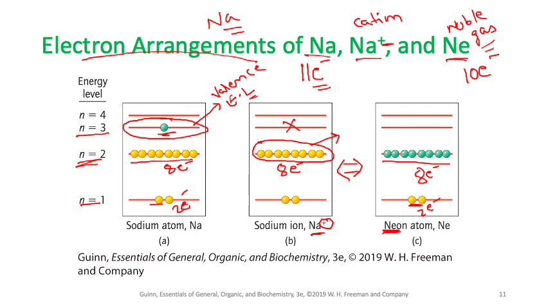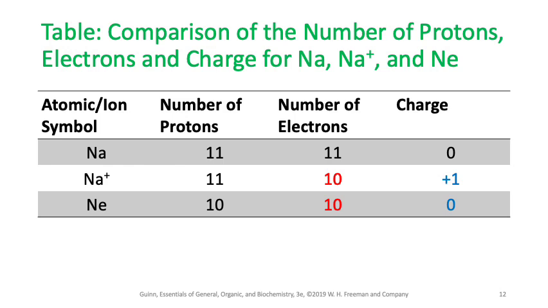Okay, and then you can apply the same concept, right, for calcium, for magnesium, same thing. Now let's talk about the table. Now let's compare how many protons, electrons, or the charge each of these elements has right now, that we discussed on the previous slide too. Sodium, sodium plus, and neon.